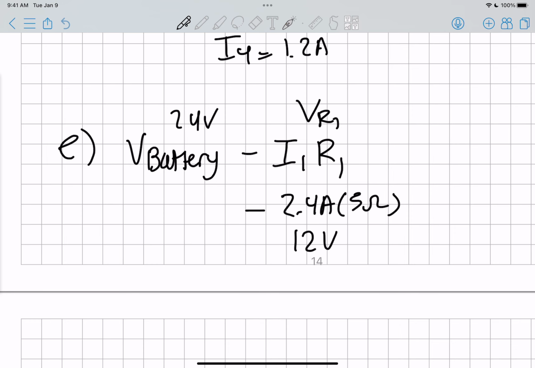So 24 minus 12, and that would give you 12 volts. So that is your electric potential at point B. So VB is equal to 12 volts at that point. So that's the amount of voltage effectively left after dropping voltage at resistor 1 and before branching off and dropping more voltage for R2, R3, and R4.